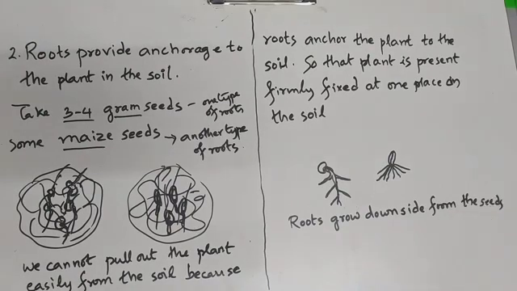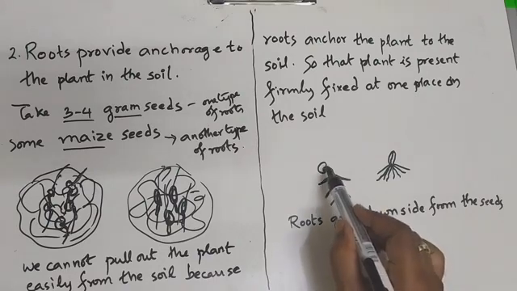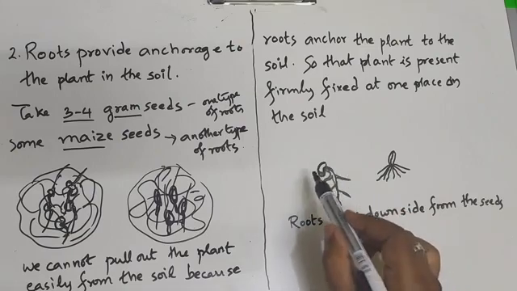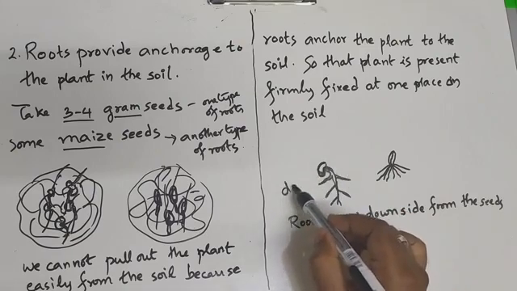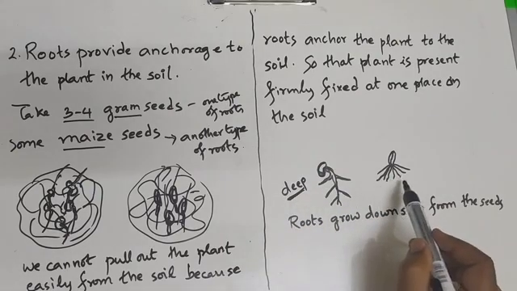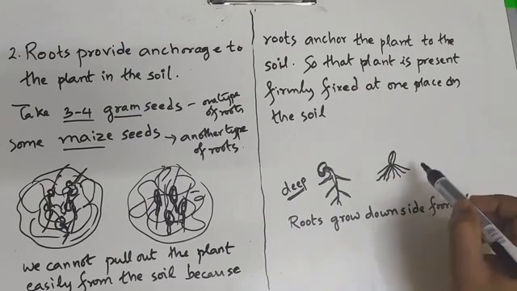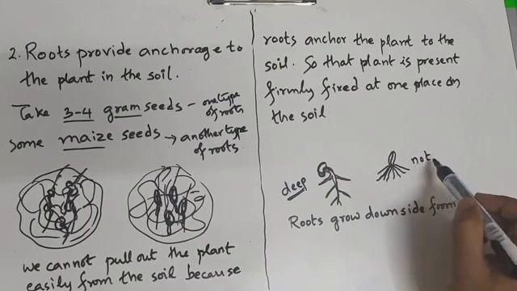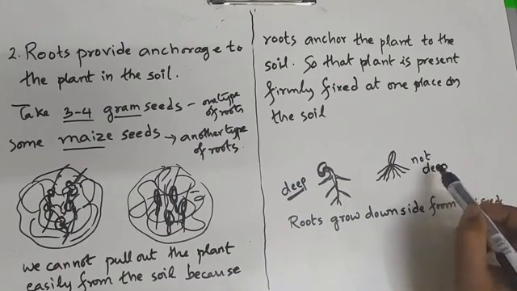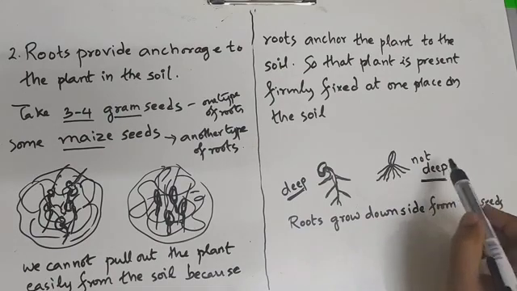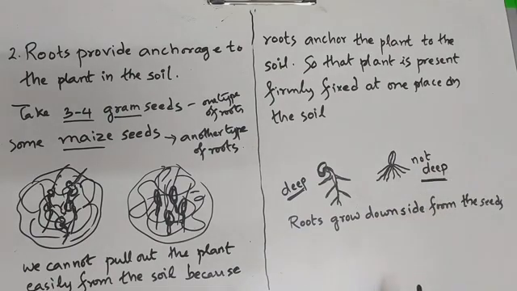Then what are the differences? From the gram seed, root is growing deep, whereas from the maize seeds, roots are not growing deep. Okay.